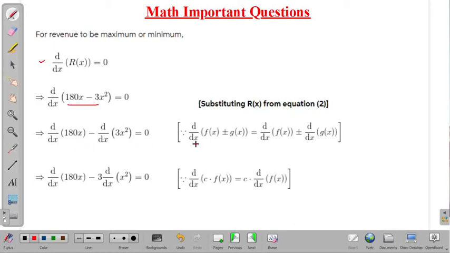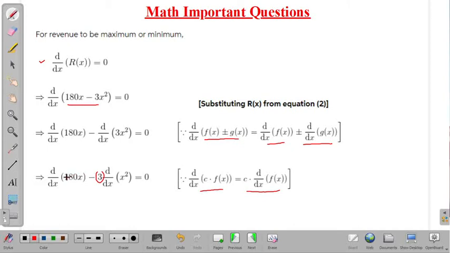And now we know that d/dx of f(x) plus or minus g(x) is equal to d/dx of f(x) plus or minus d/dx of g(x). Okay, so here it will be equal to d/dx of 180x minus d/dx of 3x squared. As we know that d/dx of c times f(x) is equal to c times d/dx of f(x), we have taken out this 3, which is a constant term.